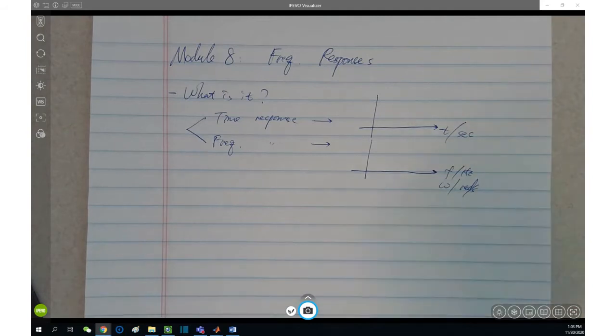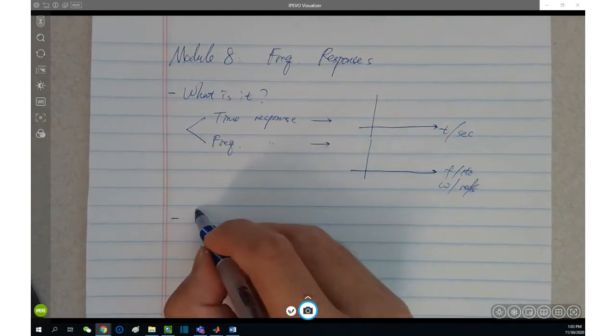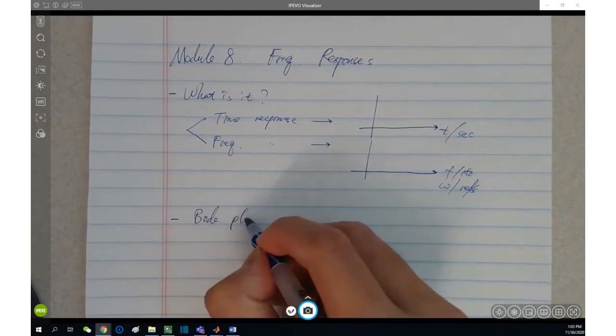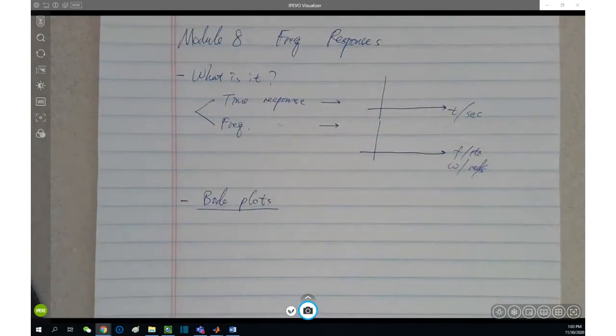In this course, we are just going to talk about Bode plots. Bode plots are the frequency response we are studying in this course, because there is another one called the Nyquist diagram, which we don't study in this course. We only focus on Bode plots.